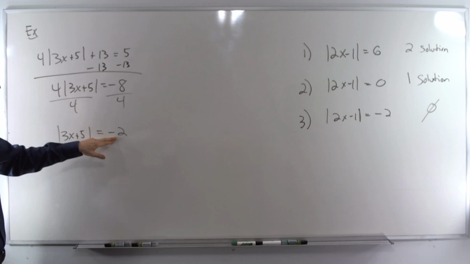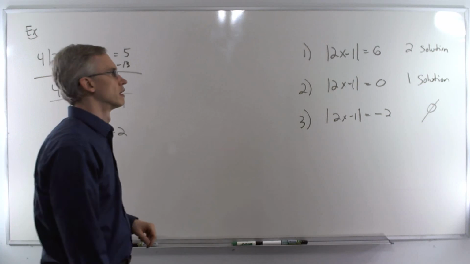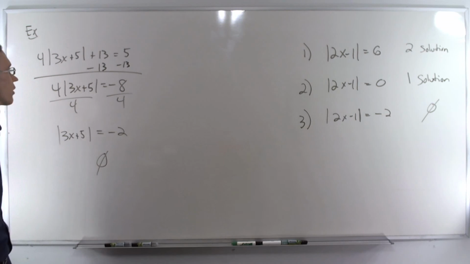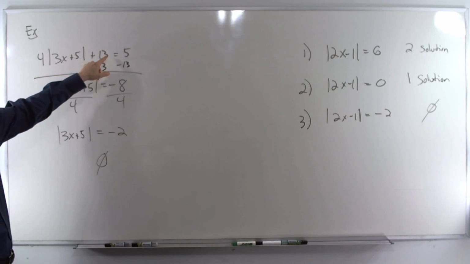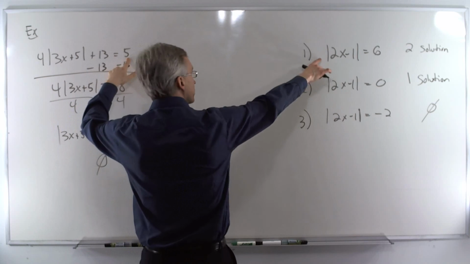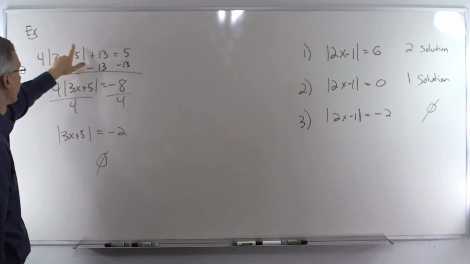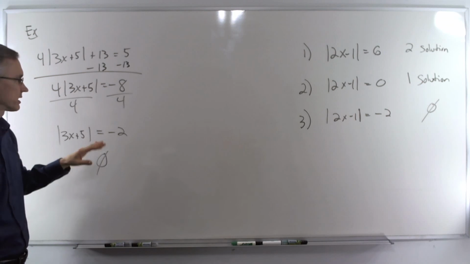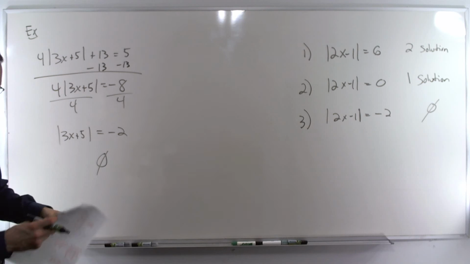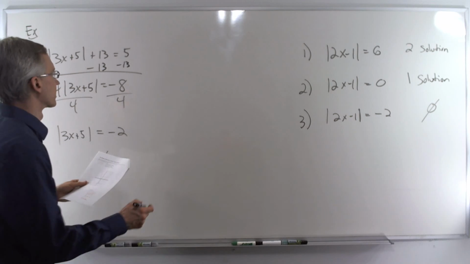And now it's set equal to a negative number, so there's no solution. Now if we had tried to do this analysis at the beginning, see it's equal to 5, it's supposed to give us 2 solutions, but we haven't isolated it first. So you have to isolate it or it's going to give you an incorrect impression of how many solutions. Your turn, number 6.